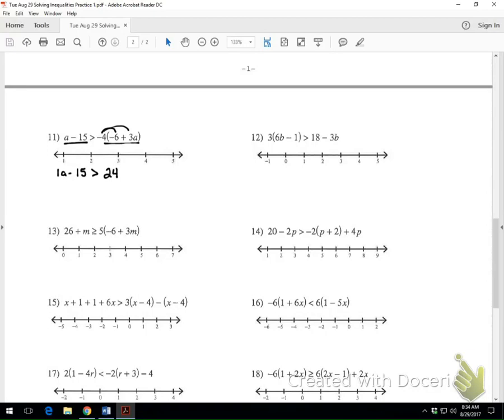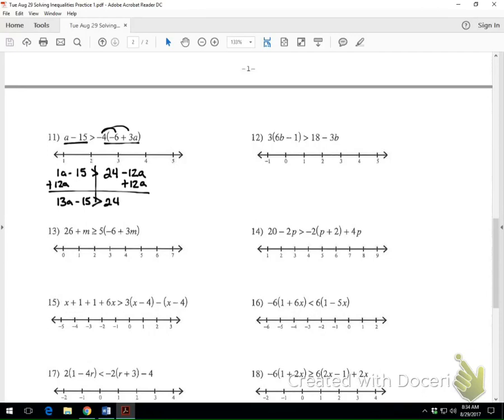What's negative 4 times 3a? Negative 12a. Now, I'm going to draw my line. I want to move that negative 12a over, so I would add 12a. So I get this: 13a minus 15 is greater than 24.